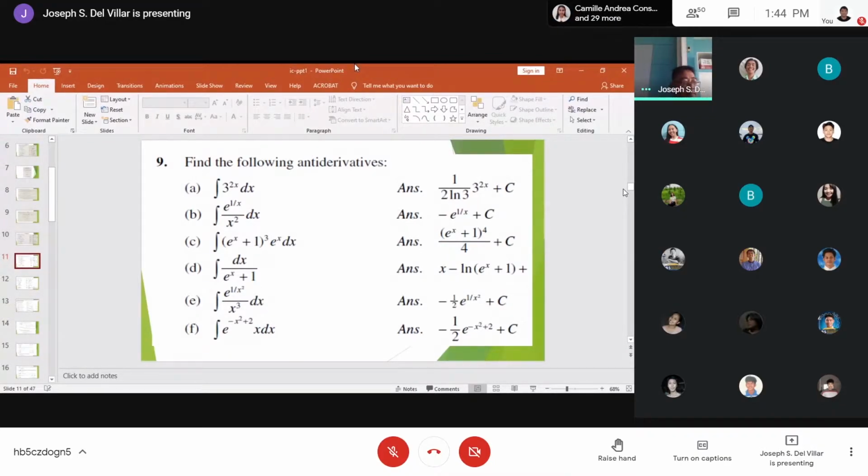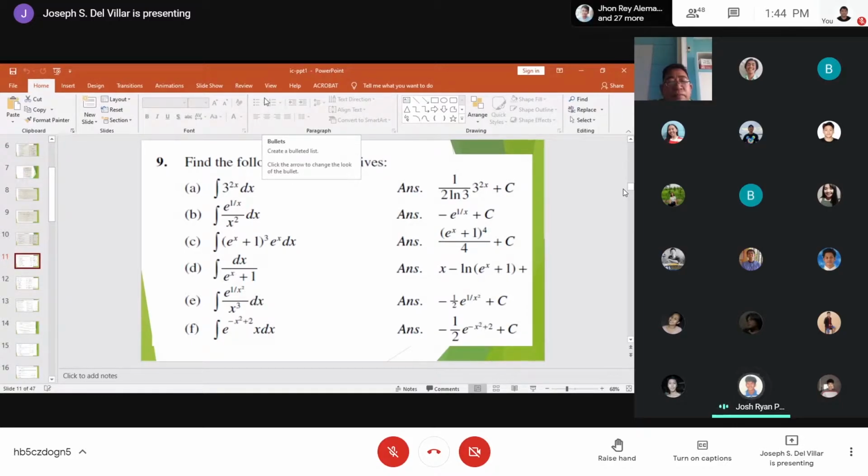Oh, na-solve na? Yes, sir. Oh, try. Why negative e raised to the 1 over x? Applying, sir, the negative, the integral of e raised to u is equal to e raised to u lang naman po sir.